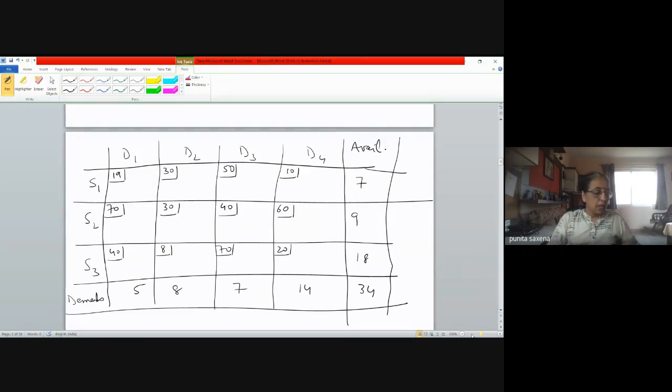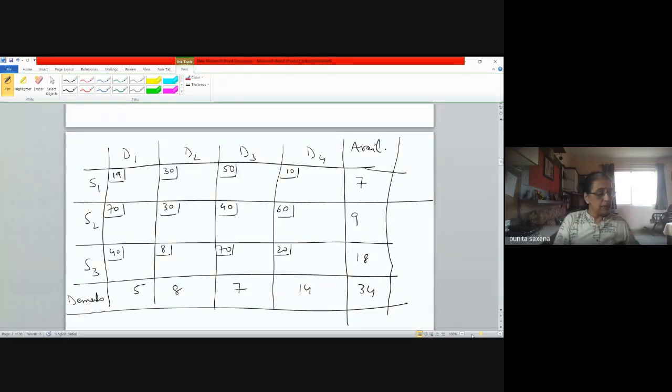So what the least cost method says is, number one, select the cell with the lowest cost in the whole matrix. That is the first thing you are going to do. In the whole transportation table, you select a cell that has the minimum cost.